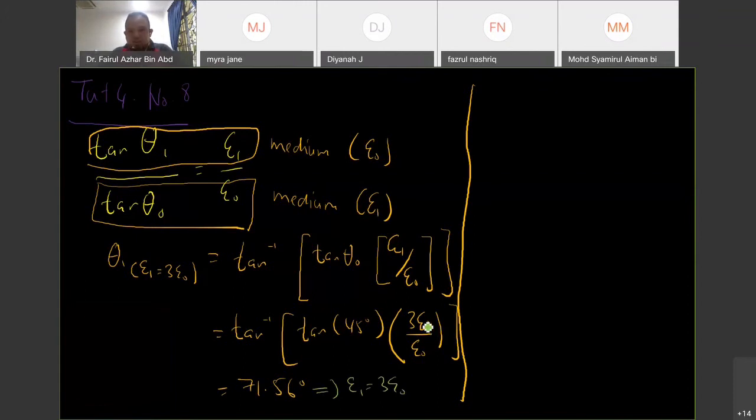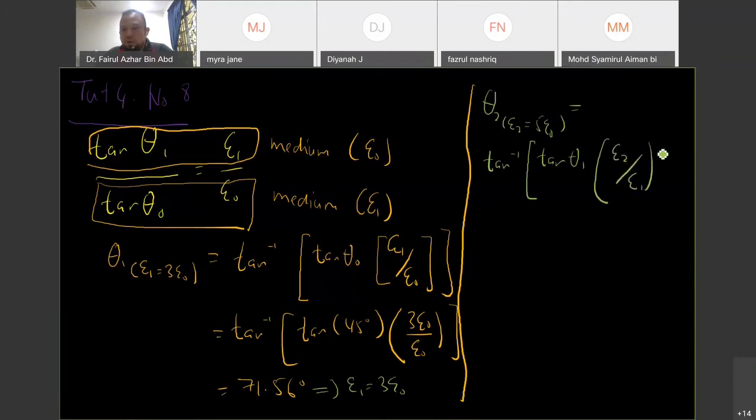For the next layer, we want to find theta 2. Theta 2 is in the material with epsilon 2 equal to 5 epsilon naught. The similar equation applies: inverse tangent of tangent theta 1 multiplied by the ratio of epsilon 2 divided by epsilon 1.